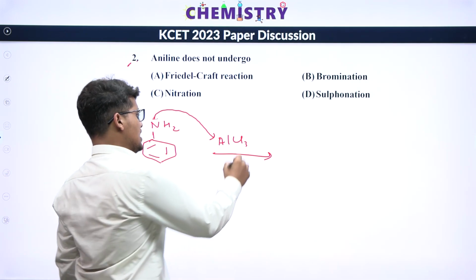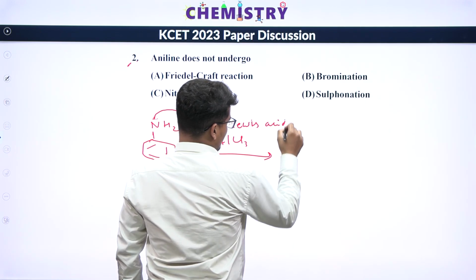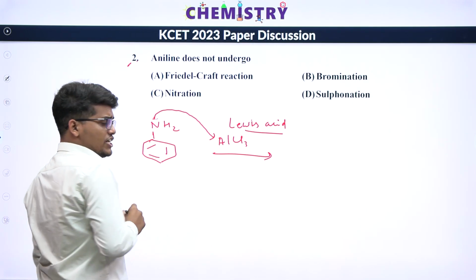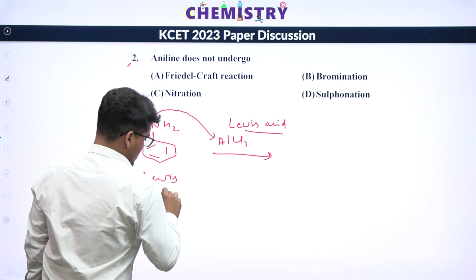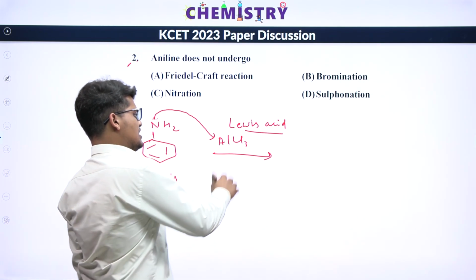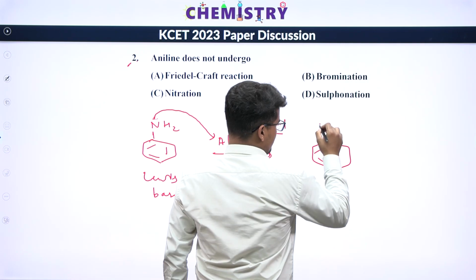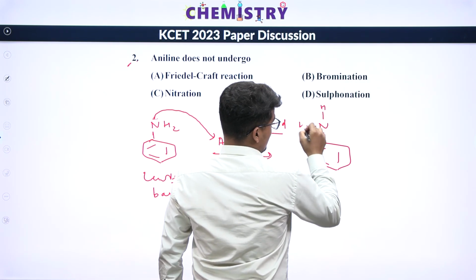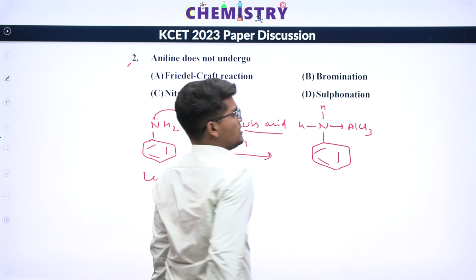Why? Because we know AlCl3 is a Lewis acid, and we know the nitrogen lone pair acts as a Lewis base. Correct? This molecule can give a lone pair to AlCl3 to form a compound like this. And the lone pair is donated to AlCl3. See?